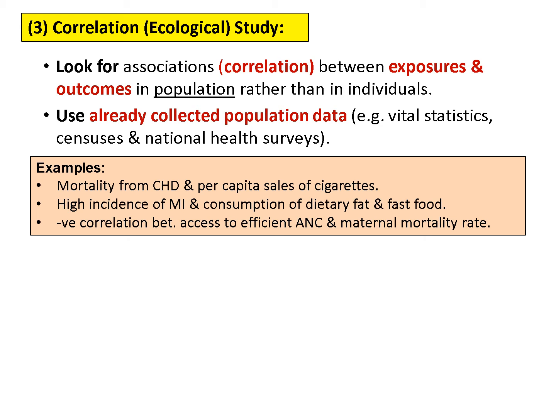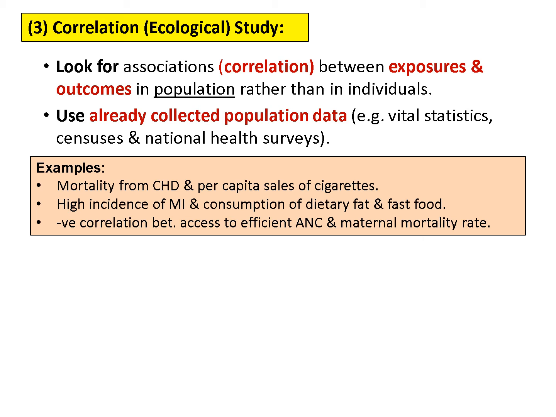For example, if we try to find association between mortality from chronic heart disease and per capita sales of cigarettes. In this case, we don't do the study on individuals, but we instead use the already collected population data, for example, vital statistics or census or national health survey.